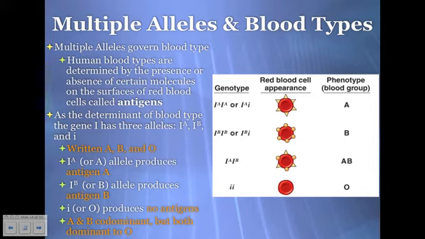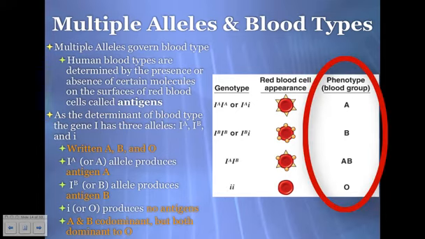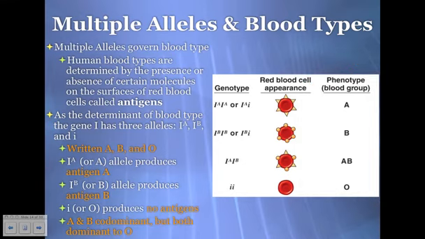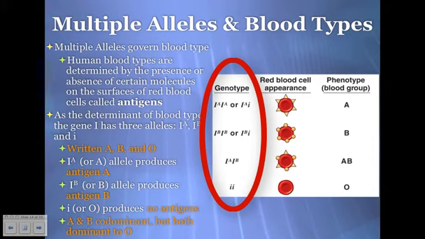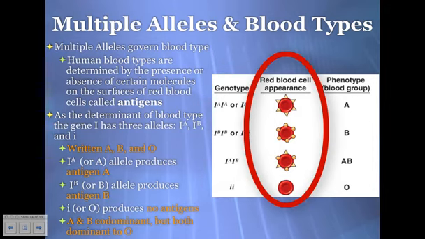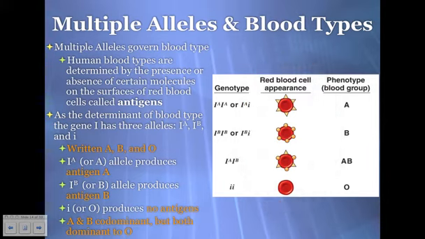In the chart at the right, it tells you the phenotype, which would be our blood type, A, B, or O. The genotype is represented in the far left, and in the middle column, the appearance shows the different antigens that are present. We write the phenotypes just by what the alleles are.